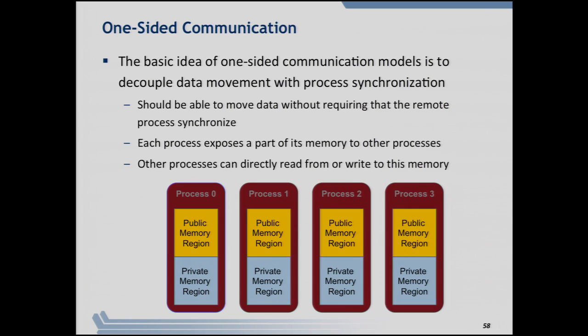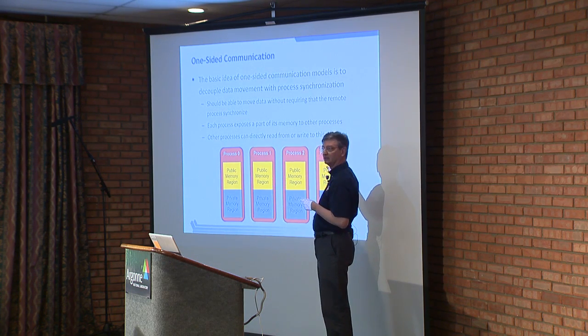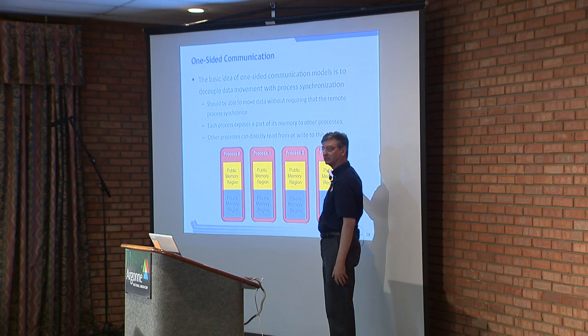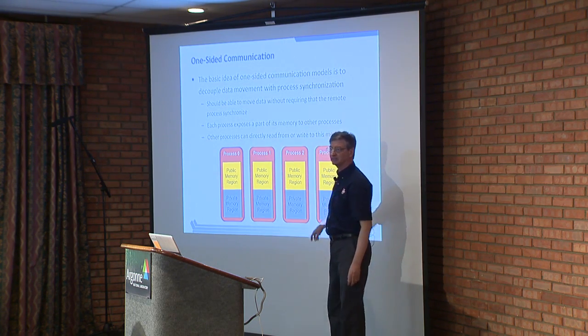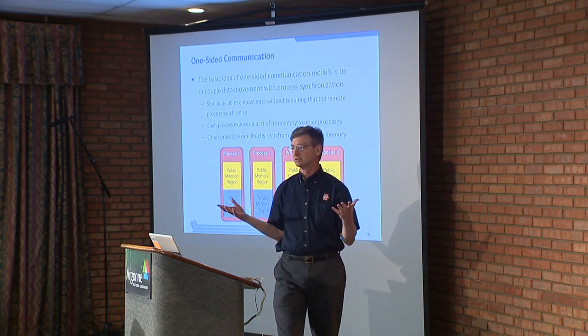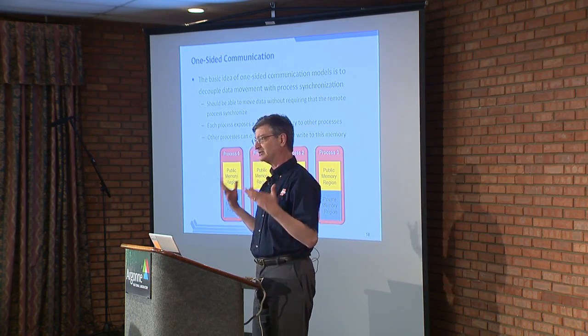So the way that MPI thinks about this is that there's a public memory region that's exposed to other processes. So other processes can put data into this memory region or read data out of this memory region. And then there's private data, which is just not exposed. In the message passing model, it's more like everything is private.